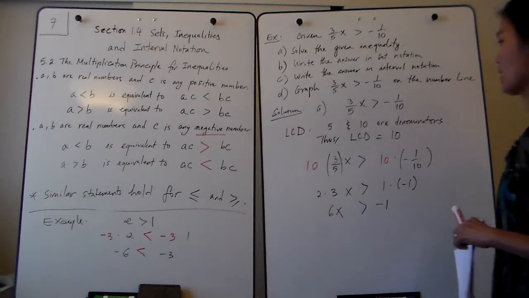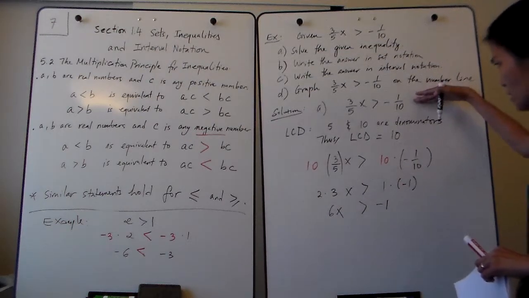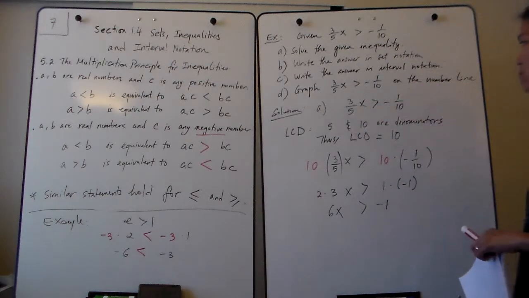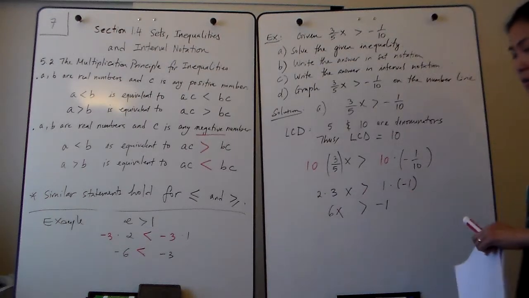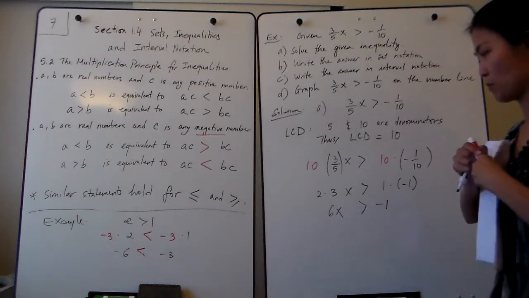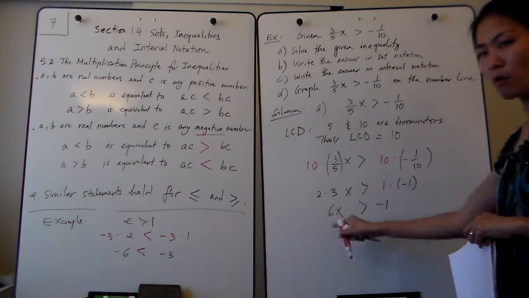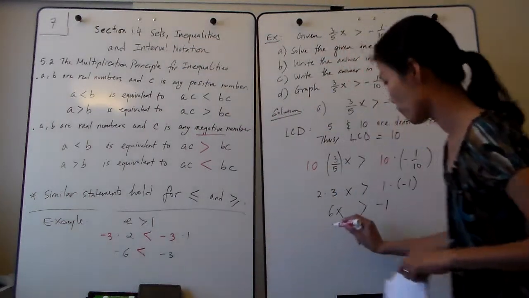We're almost there. So far we simplified this fraction inequality to a normal inequality, and we need to solve for x. To solve for x, we need to divide by 6 on both sides using the multiplication principle.